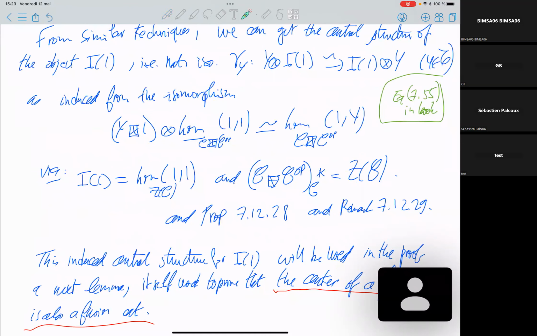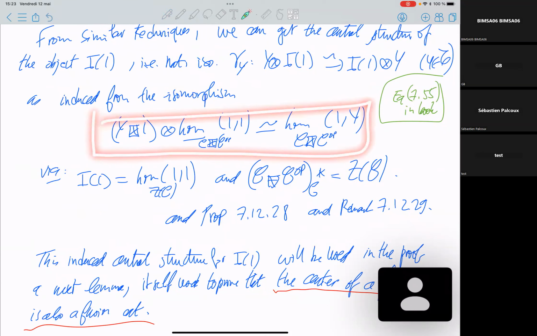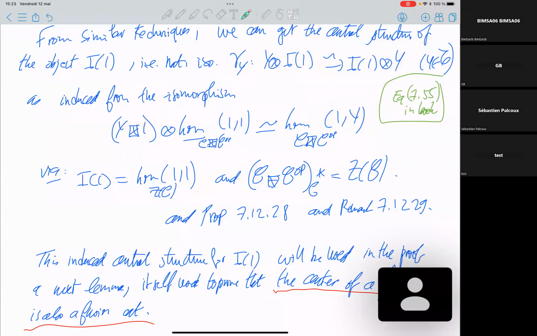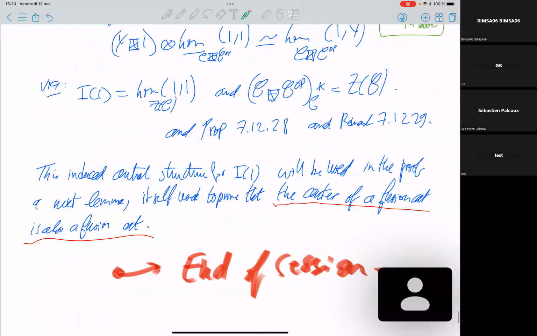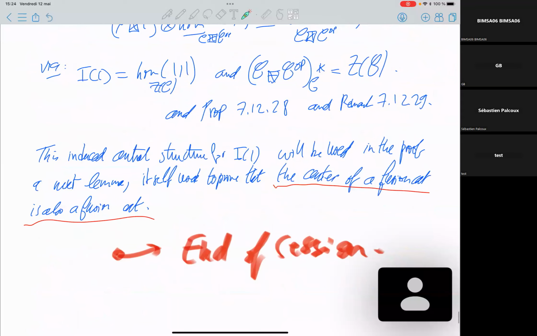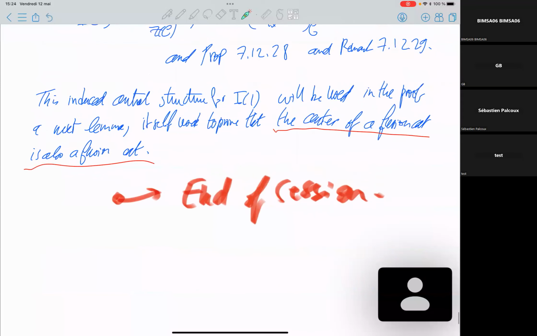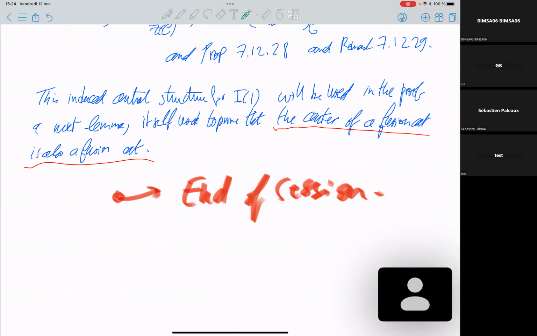We said that the central structure is induced by this collection of isomorphisms. And we will use this induced central structure to prove, in the next subsection, what is important to us: that the center of a fusion category is also a fusion category.